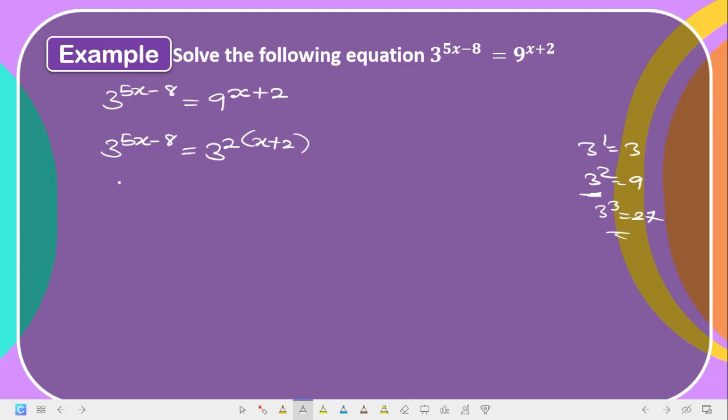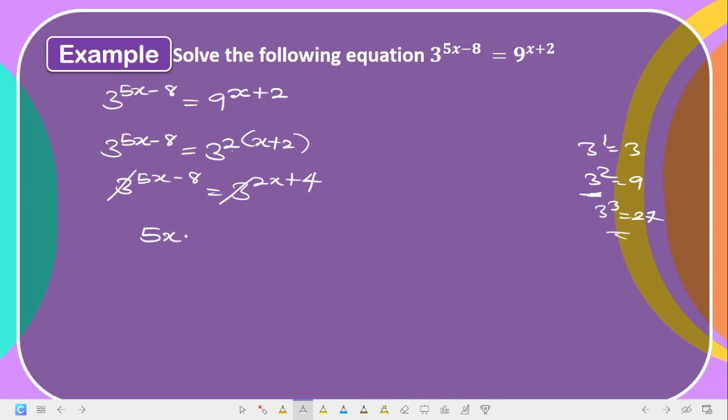So now this becomes 3 raised to the power of 5x minus 8 is equals to 3 raised to the power of 2 times x is 2x, plus 2 times 2 is 4. Now the bases are equal and they are on opposite sides of the equation, so you can cancel them out.